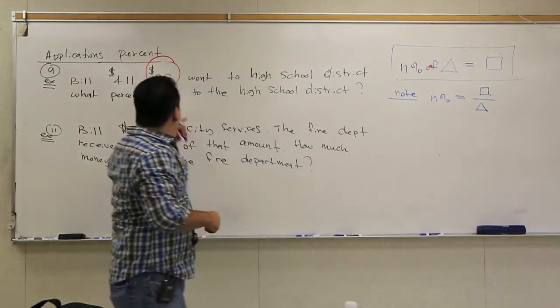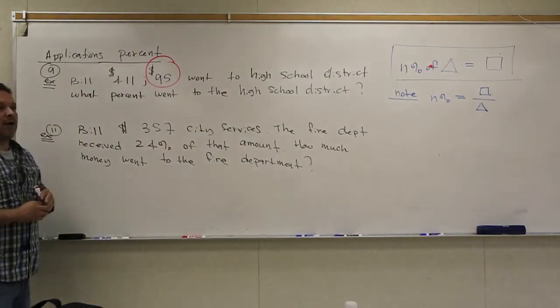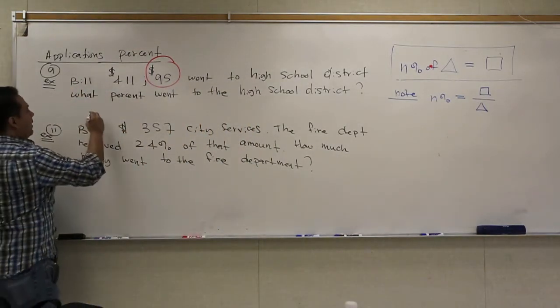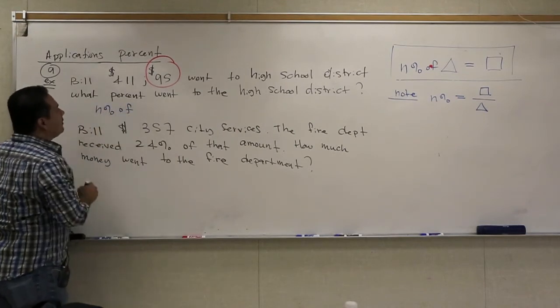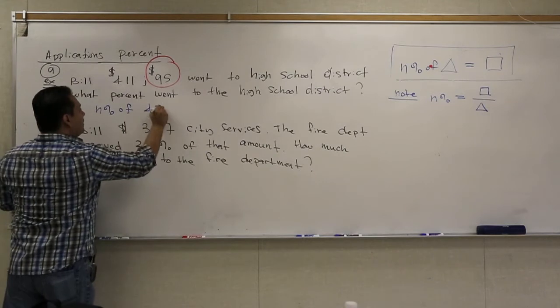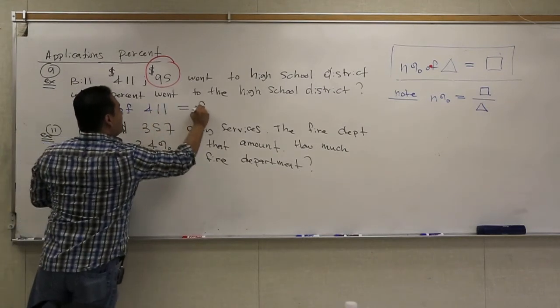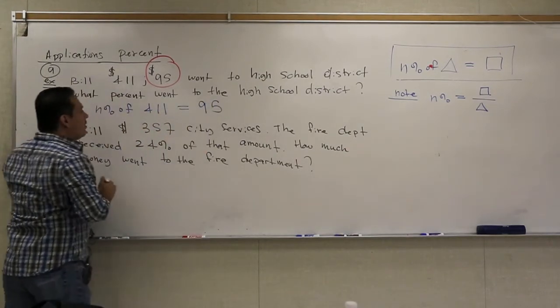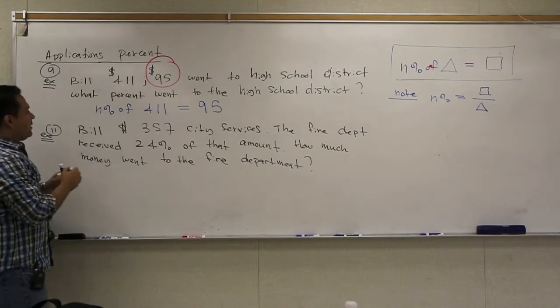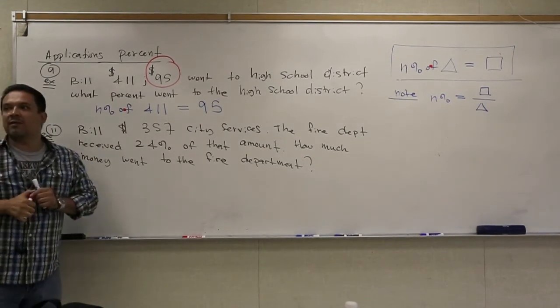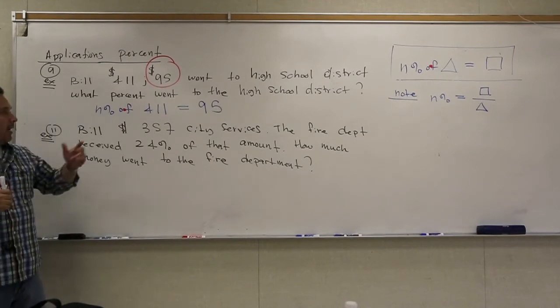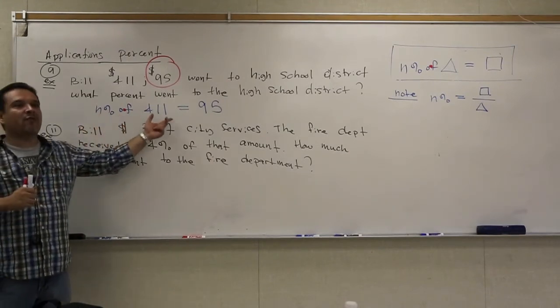So if you look at this statement, you can say n% of how much money? $411. Good. Should be what? $95, okay? And so what that does for you is it gives you an idea of how to approach this algebraically. So you've got n% times 411 equals 95.